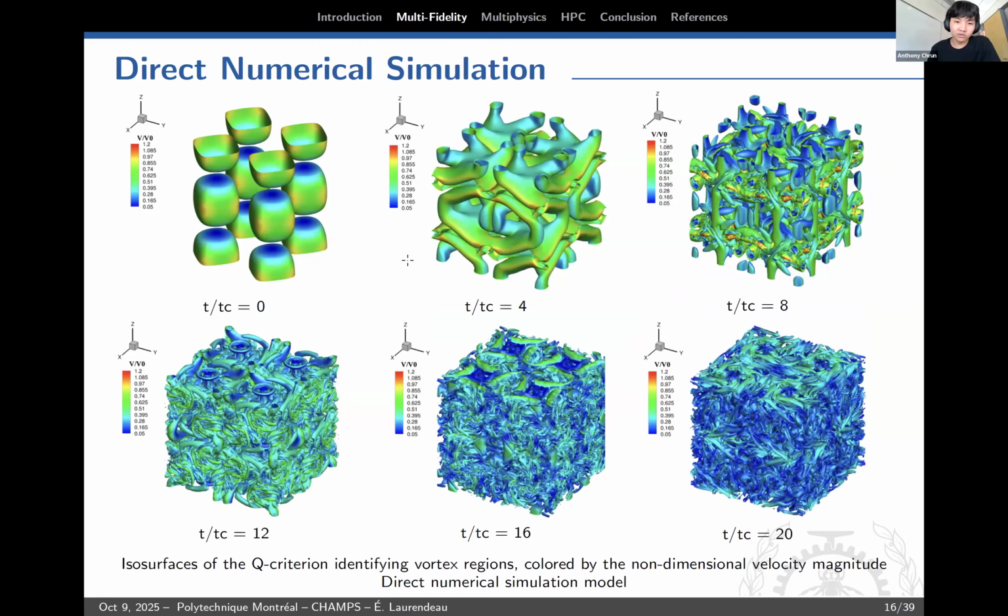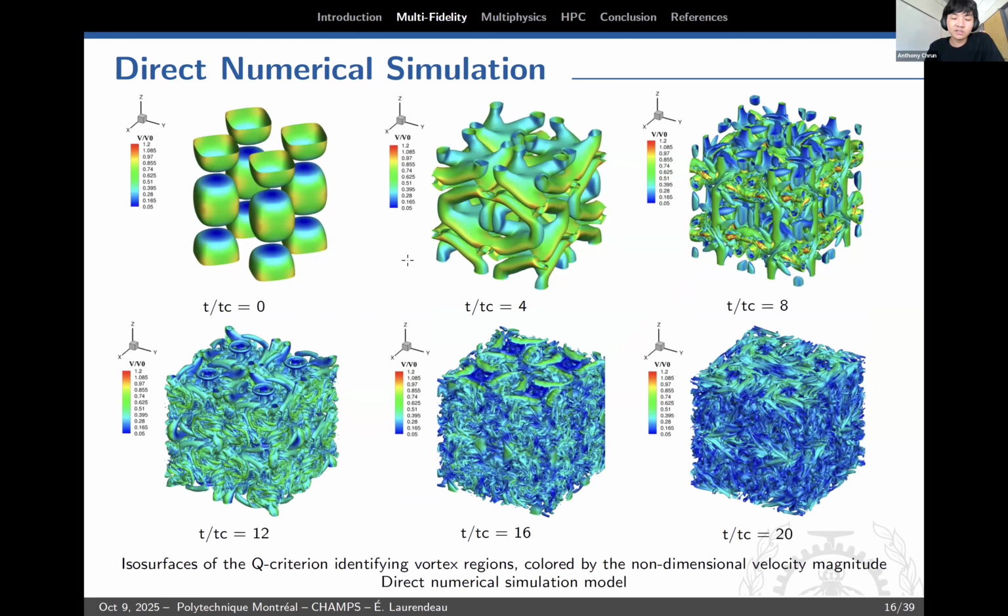And finally, we have the DNS, or the direct numerical simulation. And so what you see here is initially a flow, large flow structures that are organized. And then over time, we can see that these structures stretch and distort. And so there is a gradual breakdown from large scale structures to smaller turbulent eddies.